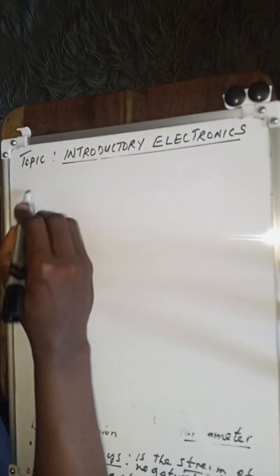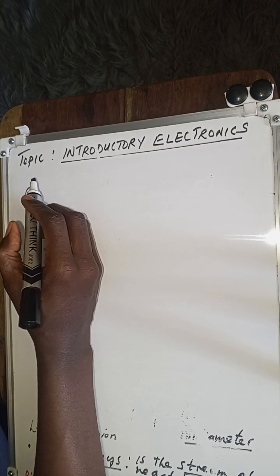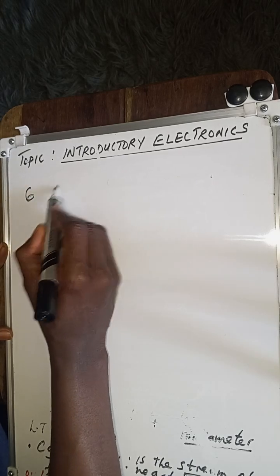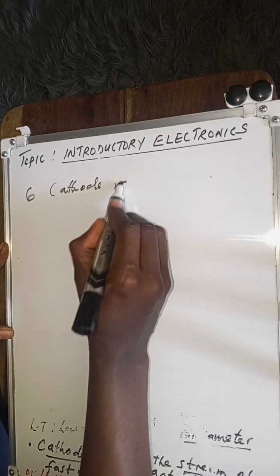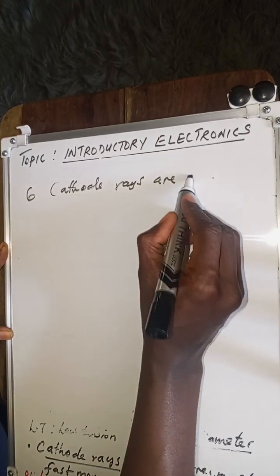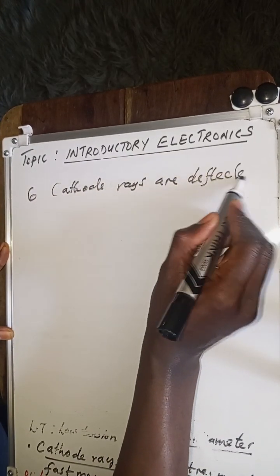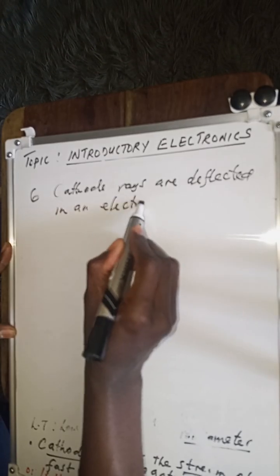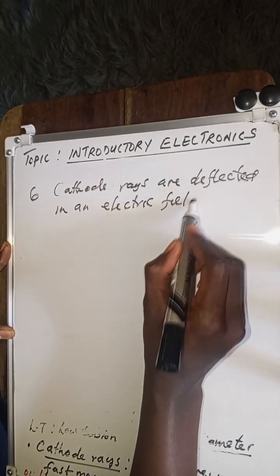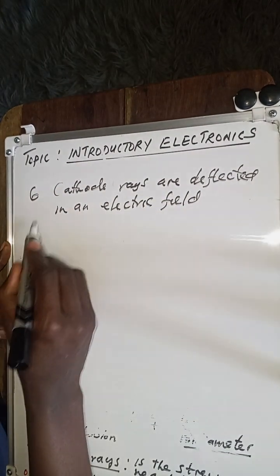We can simply say that cathode rays are deflected in an electric field. So if cathode rays pass through an electric field, they are going to be deflected, they are going to bend.